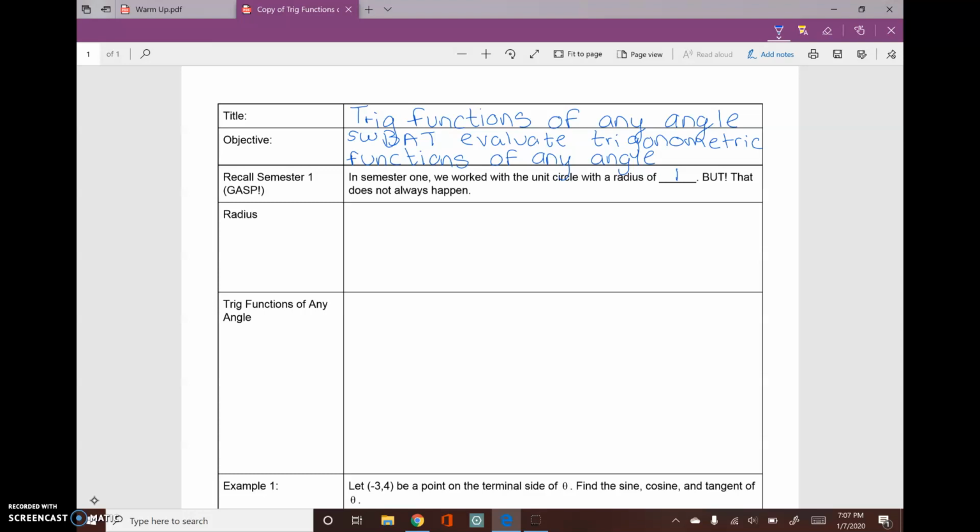So we have to figure it out using this formula. r equals the square root of x squared plus y squared, where the radius cannot be 0, because if the radius is 0, then technically it's not a circle.